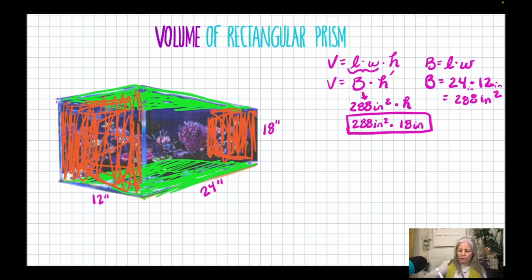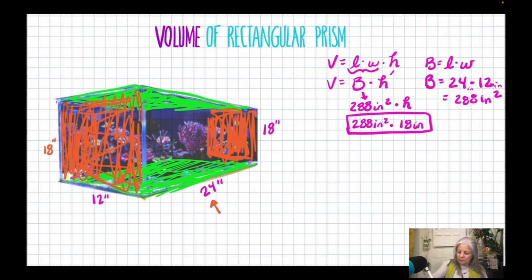Now we've got the bases going this way, and so the height is now going to be 24 inches. It's going to be this guy, because that's the distance between these two bases.